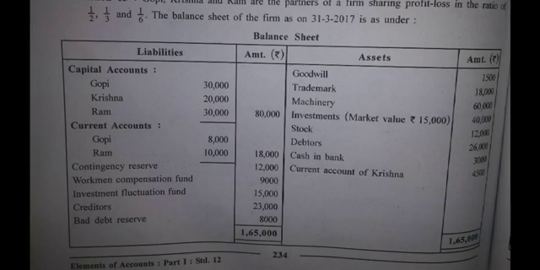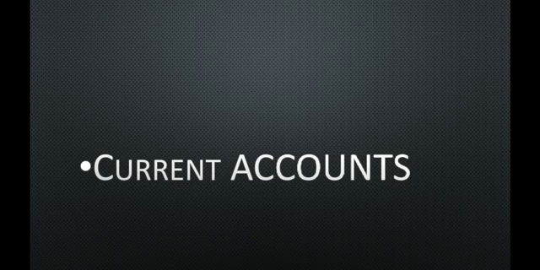Let us quickly revise whatever we have done so far. So illustration 15, page number 234, you should have your textbook, a writing book and other essentials while you watch this video lecture. We have prepared necessary accounts. We have obtained the old ratio, which is 3:2:1.